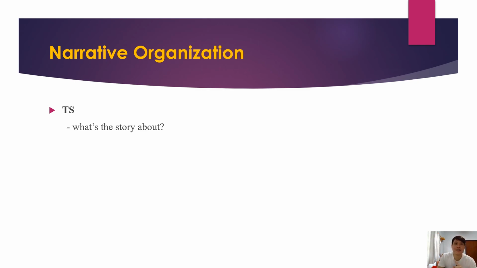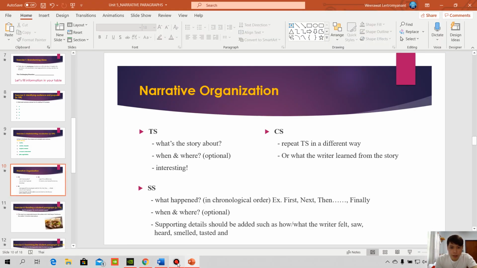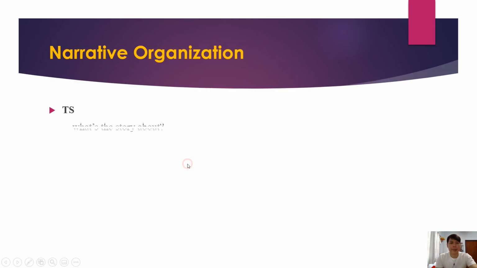For the narrative organization, your topic sentence has to tell what the story is about. That means if you talk about ghosts you have to have the word ghost, or what kind of ghost.